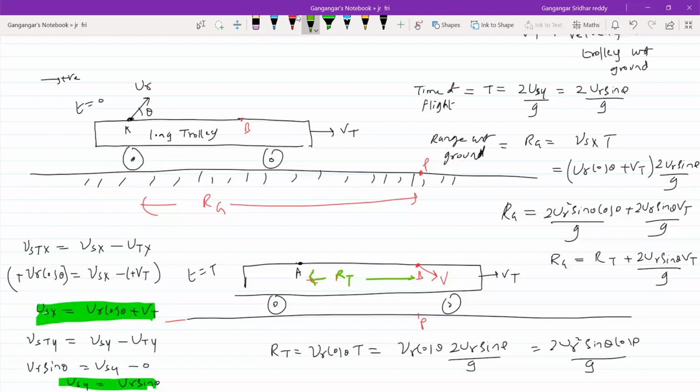It will strike at point B on the trolley, and that point B will be at the position of P2. So you can determine the range with respect to trolley, meaning at what horizontal distance on the trolley it will strike. That's the meaning of that.